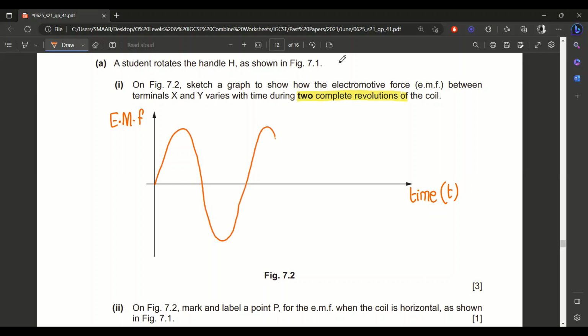Because if you remember when we started this chapter and discussed the graphical representation of AC and DC, the graphical representation for AC will be like the sine wave, just like the transverse wave.